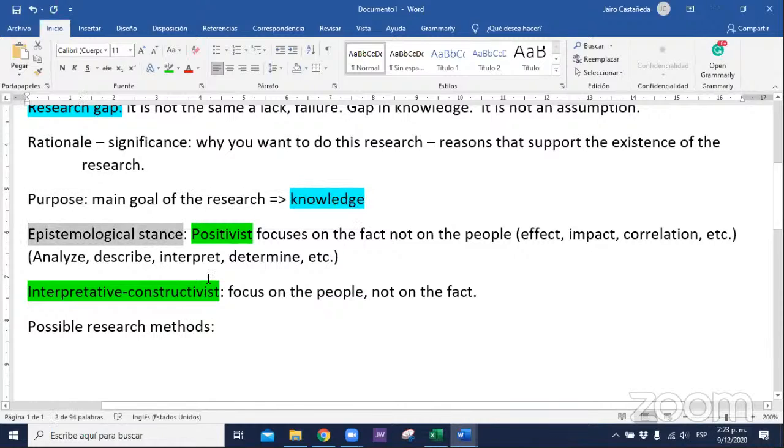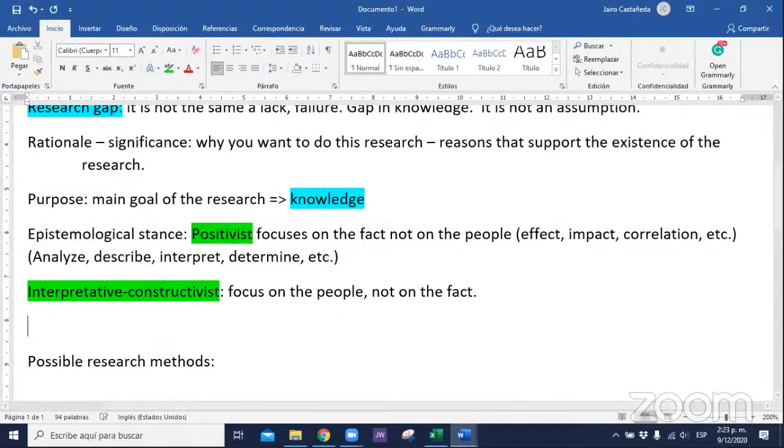And if you have this epistemological stance, you have to make your knowledge gap and the purpose be aligned with that. Okay, for that reason, we examine first the theory regarding qualitative research, these epistemological stances that have to do with our beliefs in regards to knowledge, and then determine what I'm going to do with the research. You have to take a position and defend it.